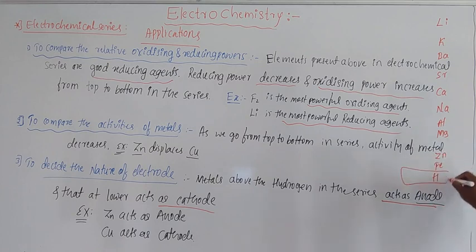This is the bridge, okay, in between reducing agents and oxidizing agents, most reactive and less reactive, and anodes and cathodes. This is the bridge. Hydrogen, after this copper, and Ag and Au, and the last one is platinum.